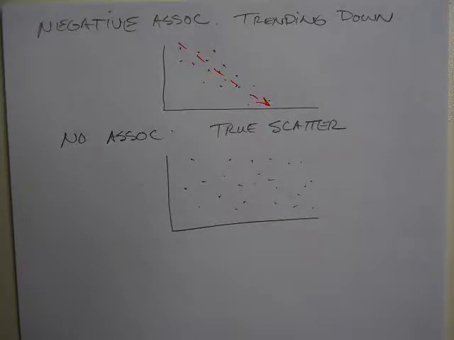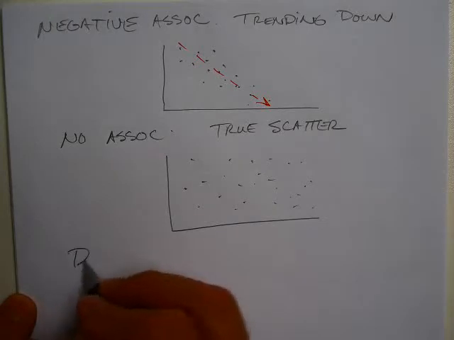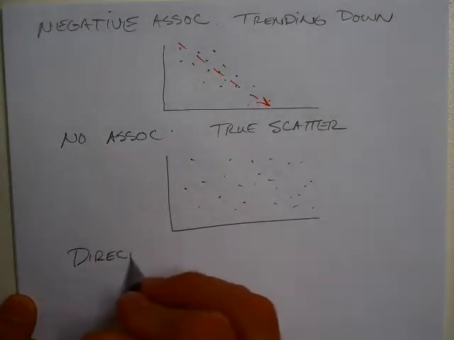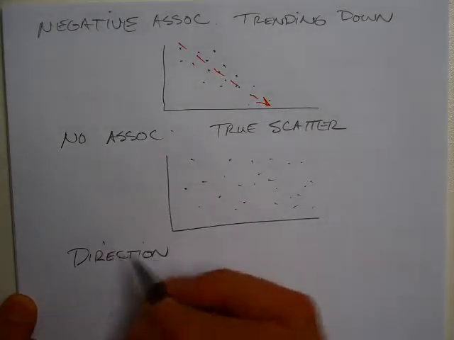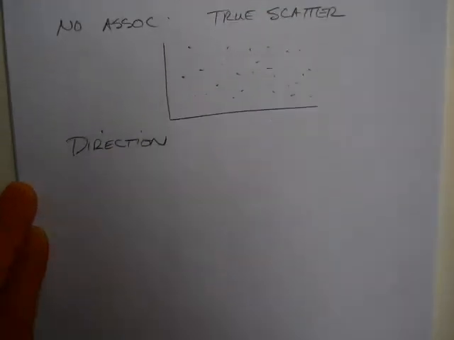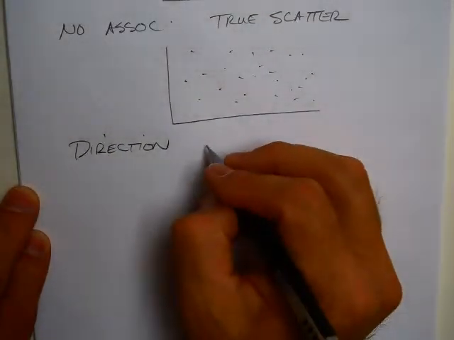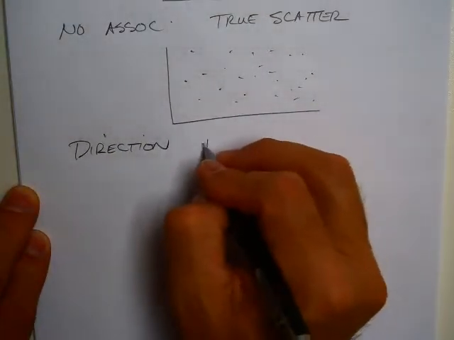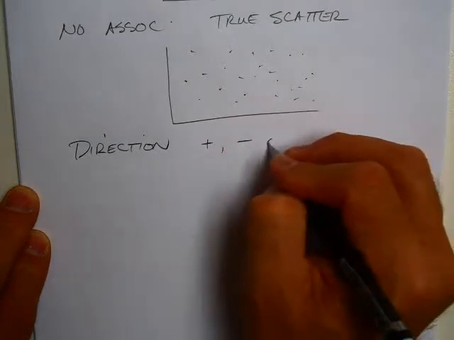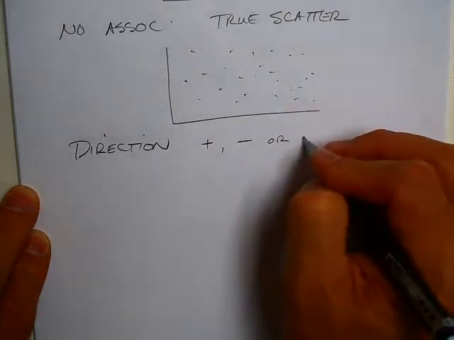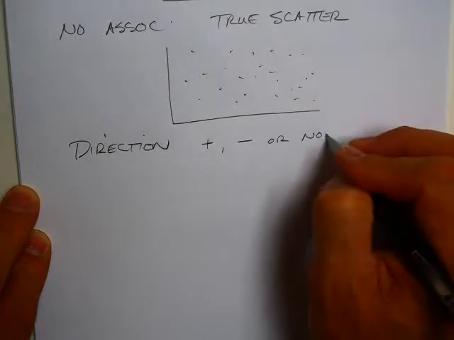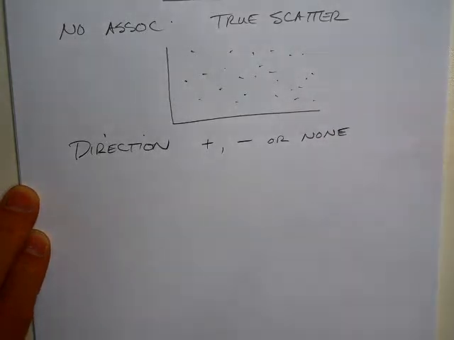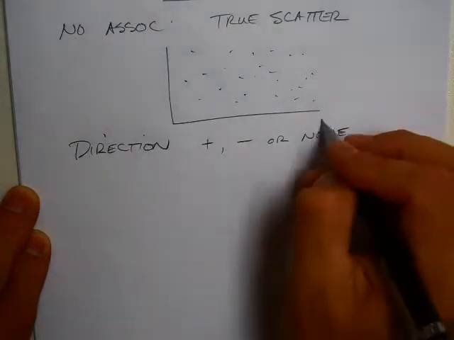So what are we looking for in a scatter plot? We're looking for direction. Is the direction positive, negative, or none? No association. Essentially zero.